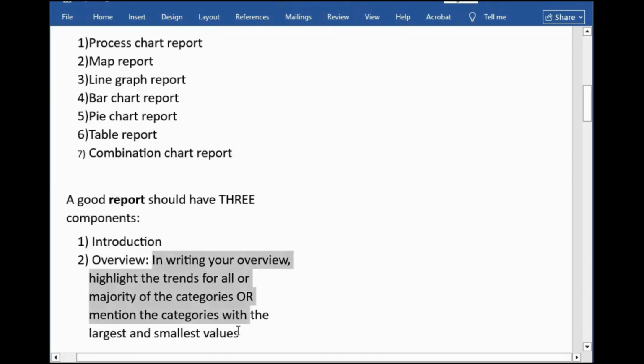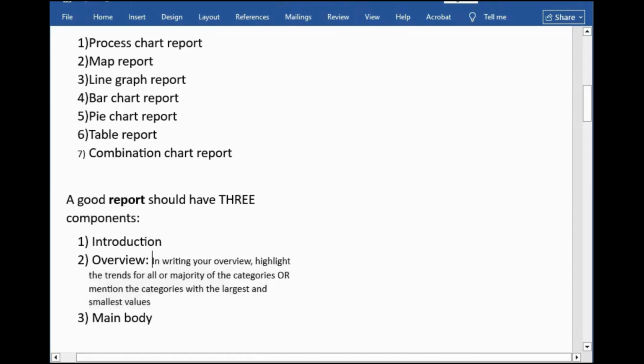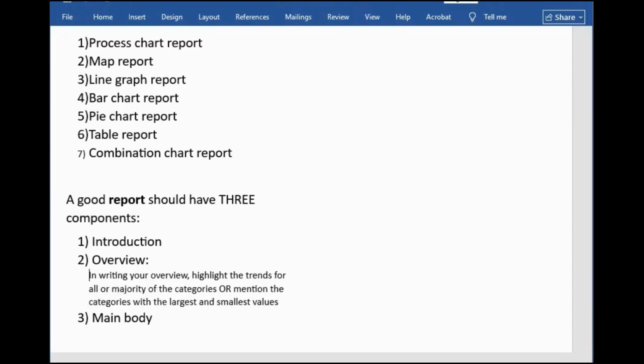So this thing here is something that you can use as a guide for writing your overview. Okay? And that's what I'm going to follow here now.